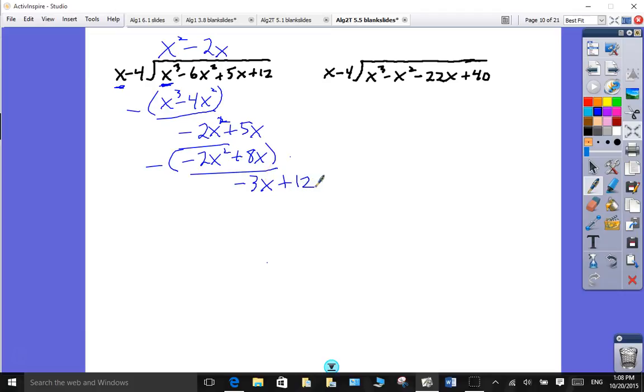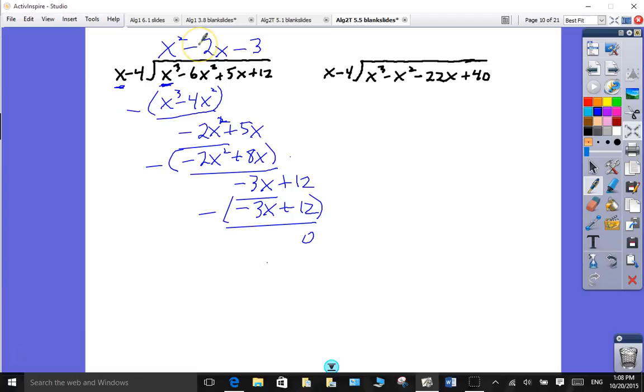Right, what do I multiply times x to get negative 3x? Minus 3. And negative 3 times x is negative 3x. Negative 3 times negative 4 is 12. Subtract. 0. So what does that tell me? That x minus 4 is a factor. Right?